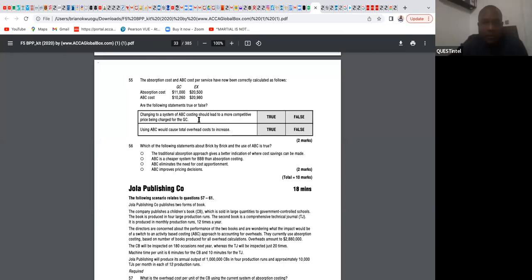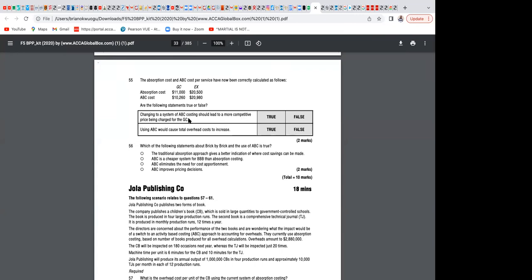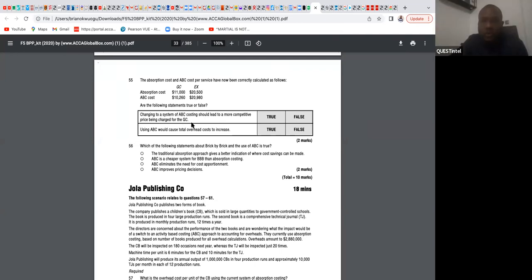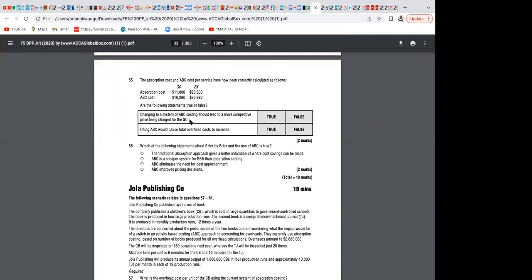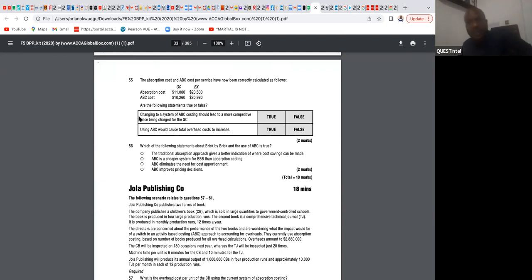Changing to a system of ABC should lead to a more competitive price being charged for the GC. Is that true or false? True. Obviously, from what we said in the last discussion. Changing to a system of ABC should lead to a more competitive price. That's true.